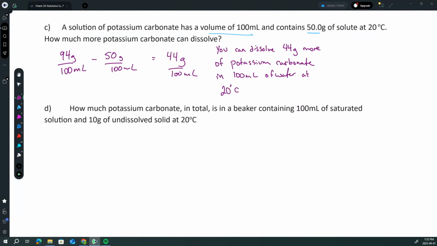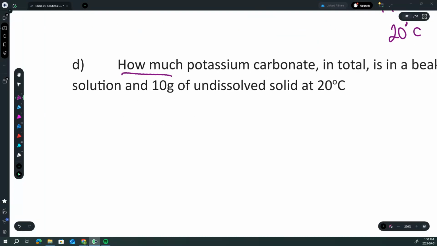Okay, last but not least here we have how much potassium carbonate in total is in a beaker containing 100 milliliters of saturated solution as well as 10 grams of undissolved solid at 20 degrees Celsius. Okay, so we're going to go back to what exactly our saturated solution is. So saturated solution, which I'm going to abbreviate as SOLN, that just means solution.